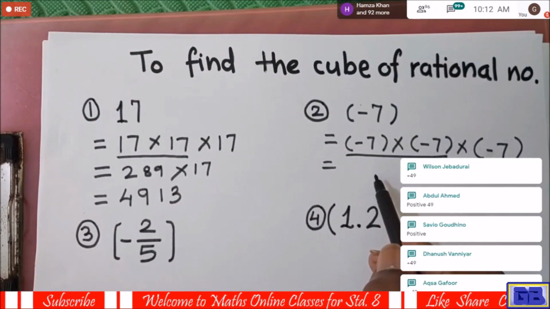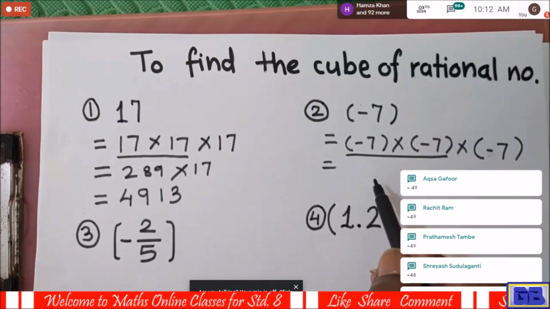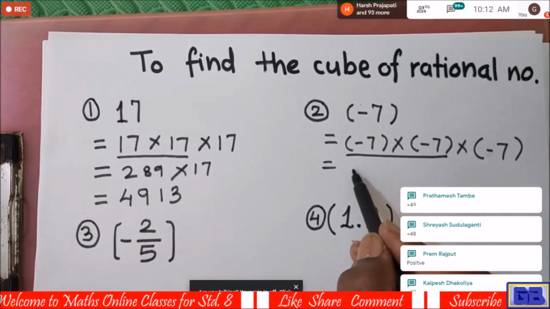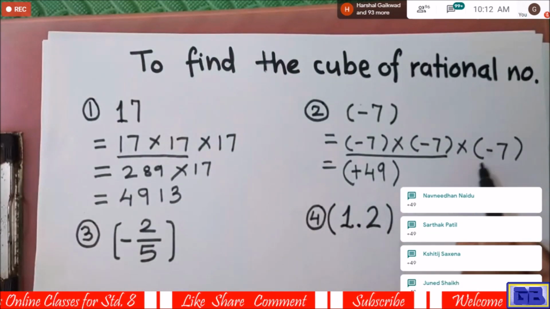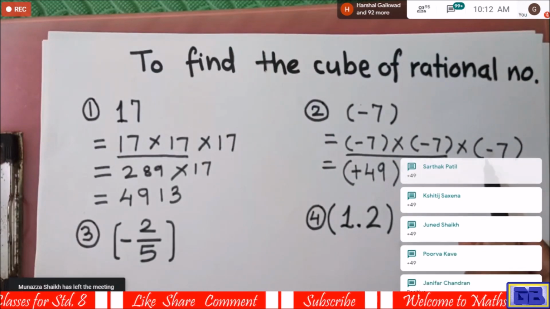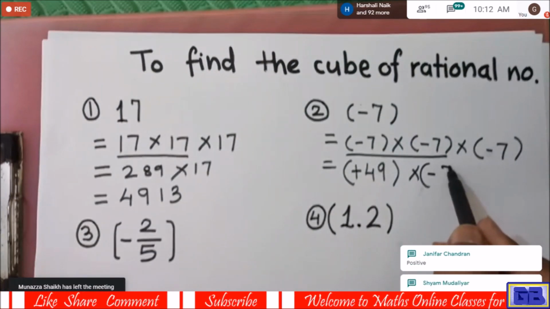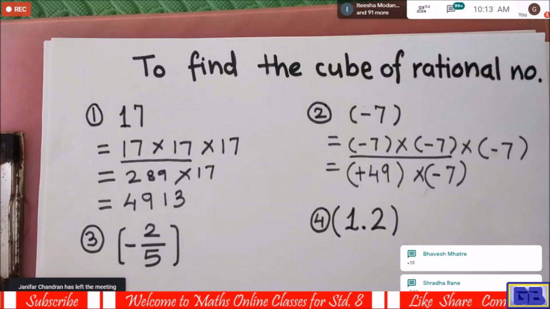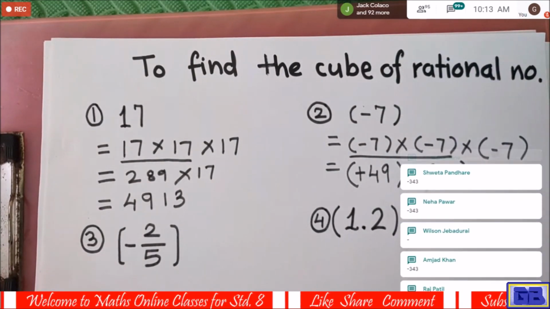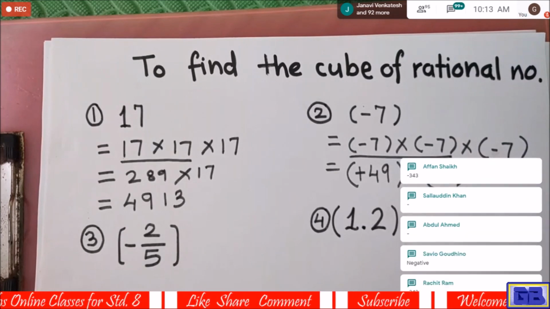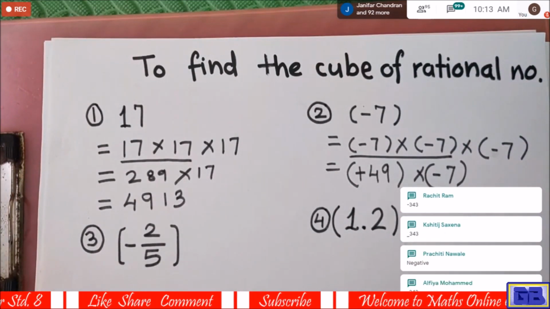Don't forget the rules of multiplication of integers or division of integers. But we have to multiply with negative 7. Now the question is positive into negative. Correct, negative.